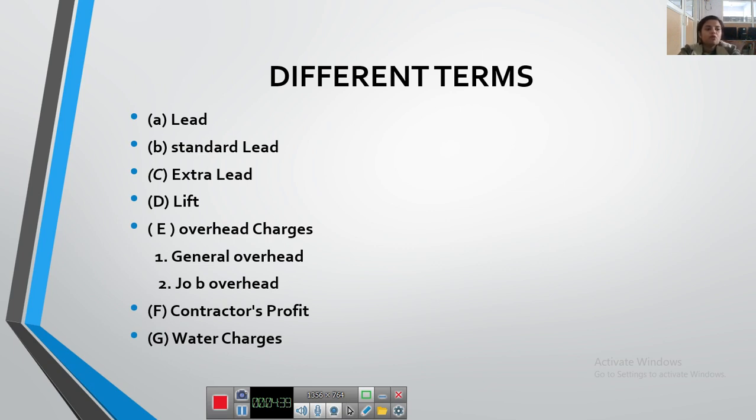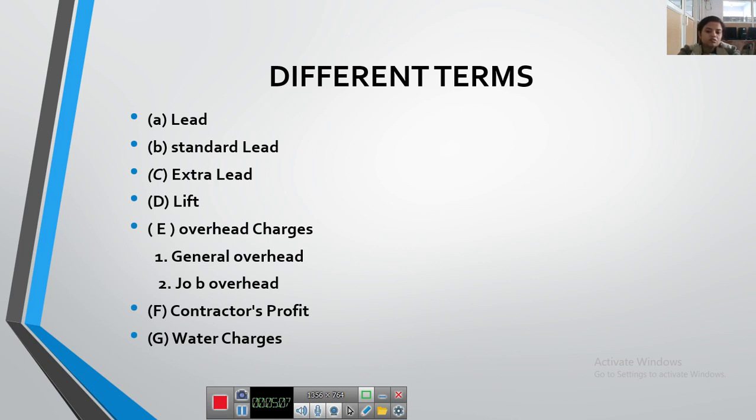Because you have to pay for the security cabin or office expenses, or the cabin for the staff, or taxes on the construction or material, or water charges, or supervision charges to the supervisor. So these are considered overhead charges.